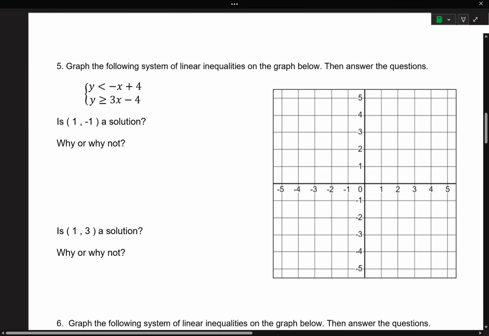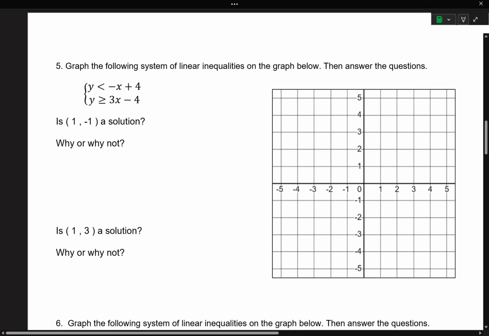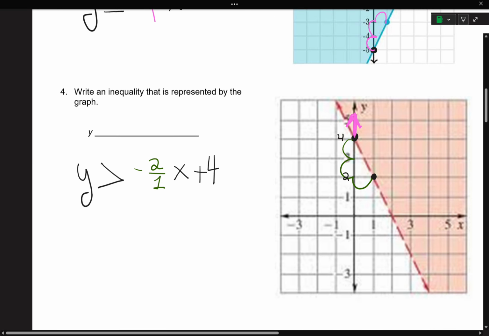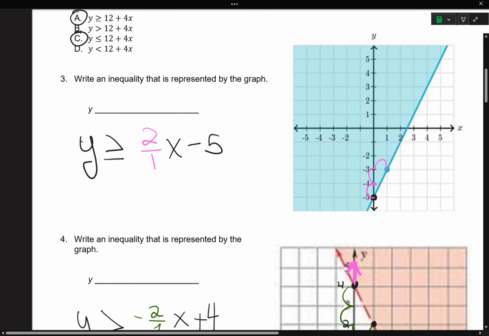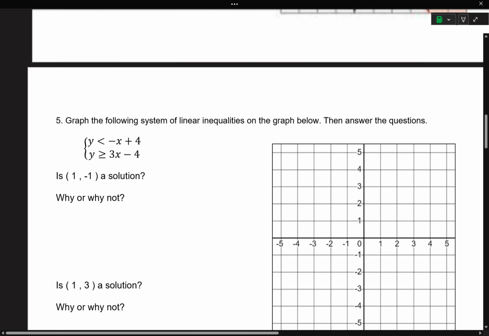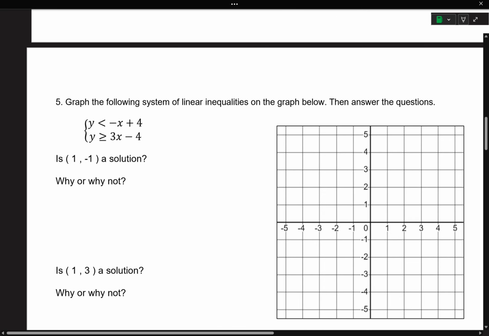Number 5. Graph the following system of linear inequalities on the graph below and then answer the questions. All right, let's do it. I'm going to begin with color coding. So I'm going to do this top inequality in pink.